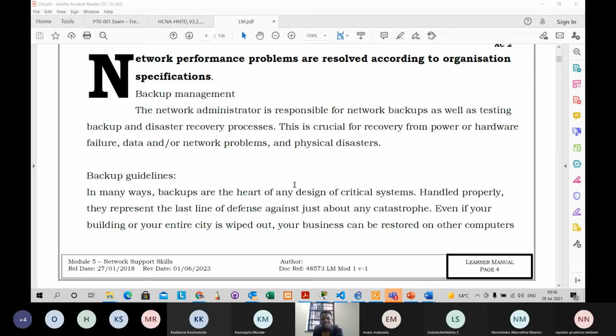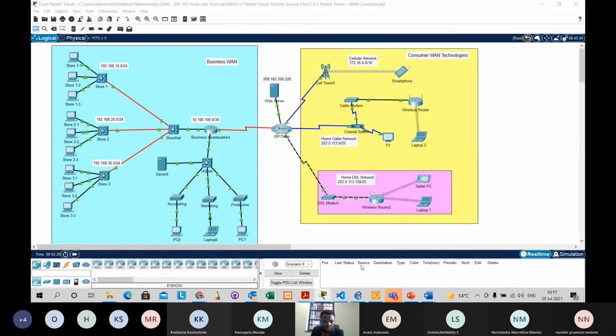And then some organizations might give you backup guidelines. How do you back up the systems, right? For example, the store that I showed you, the products that are in the warehouse, if the server had to fail, let me go back to the packet tracer. So you all can now see my packet tracer, right?